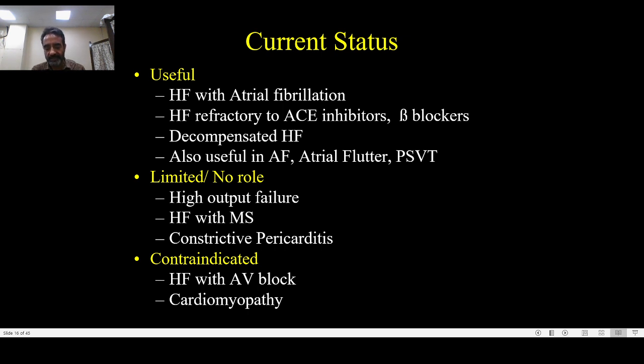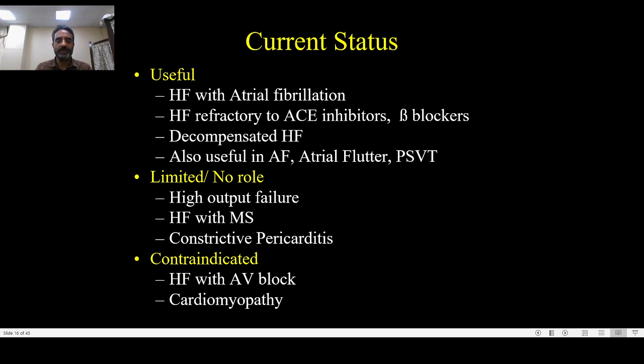Then the current status of these cardiac glycosides or digoxin in heart failure. Now it is a drug which was very commonly used around a decade back for heart failure. But now its use has been limited to certain specific cases. It is still useful in heart failure with atrial fibrillation, when both these things are happening together.